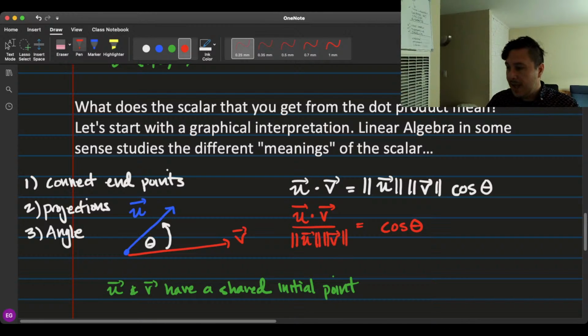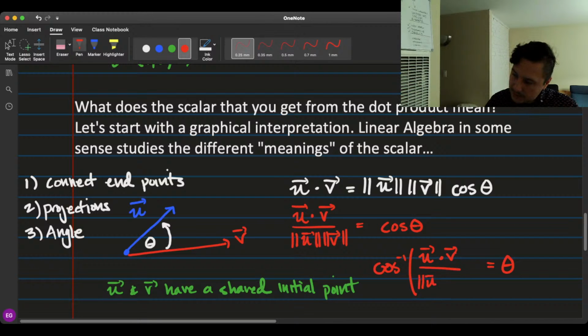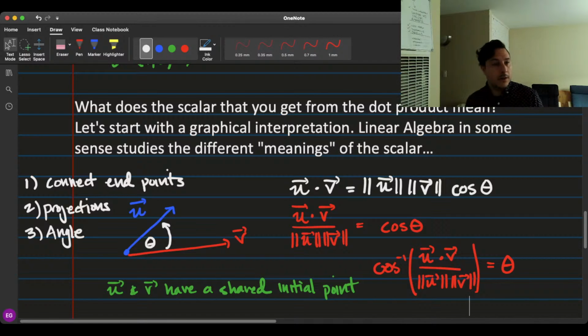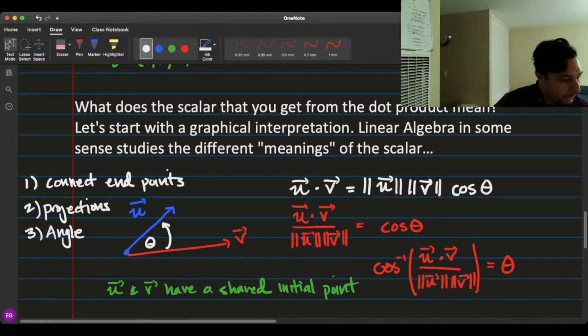So if you want to know the angle between two vectors, you can take the cosine inverse of U dotted with V divided by the magnitudes. And what's cool about this is that it connects graphically what's going on, like the angle, with this calculation. We're not going to prove it, but it would work.